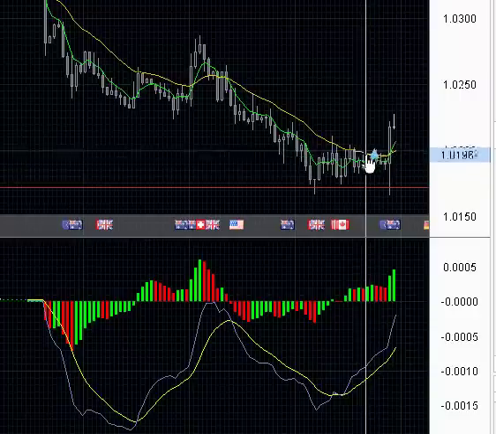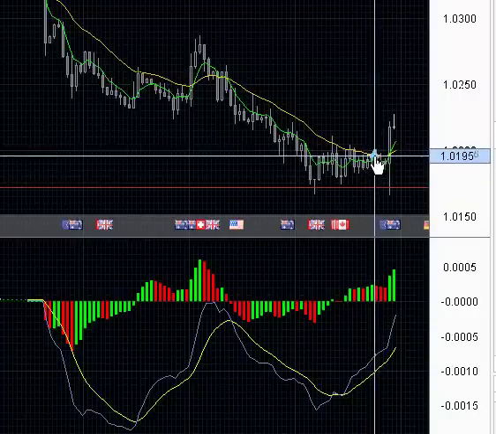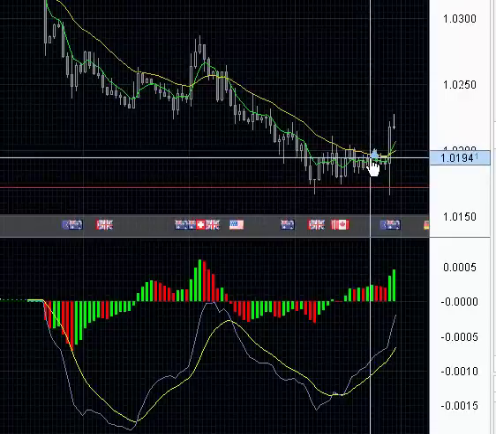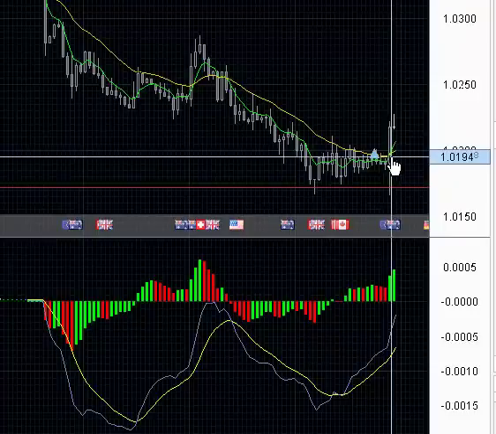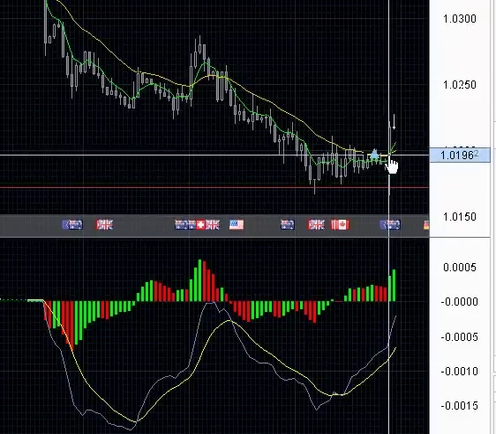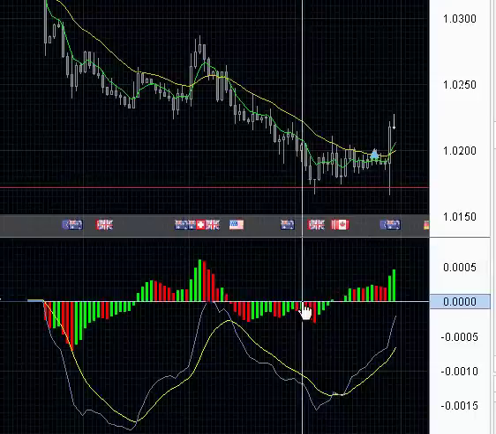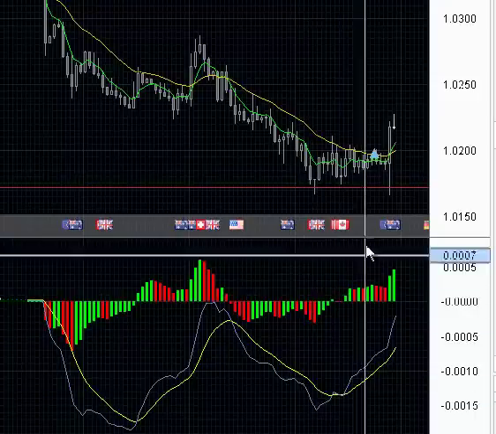Now, I took this earlier. You can see that little cone-like blue arrow. That was my entry back here. So my entry was in between the entry on the crossover for the moving average and the crossover for the MACD.